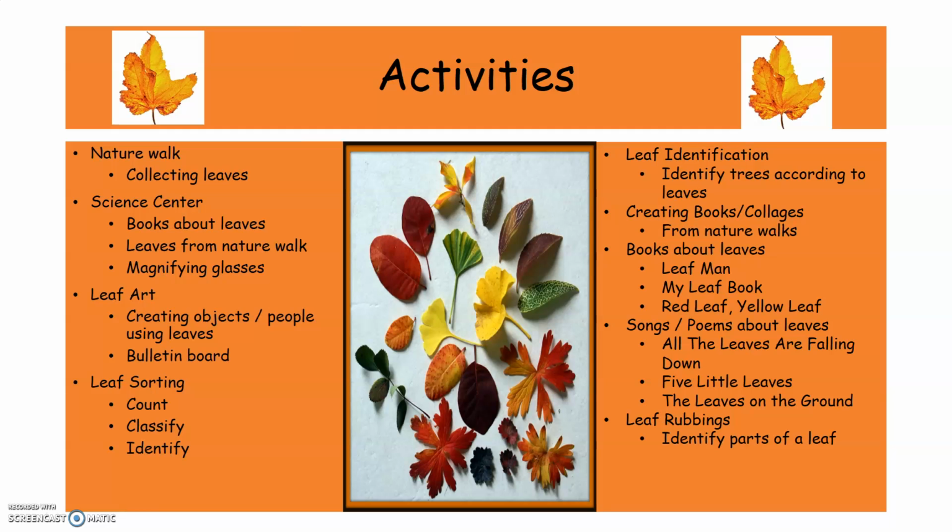Some of our favorite books about leaves are Leaf Man, My Leaf Book, Red Leaf, Yellow Leaf, and I've listed some songs or poems that we've done about leaves. And another art is leaf rubbings, where we identify parts of the leaves according to the rubbings that we've done.